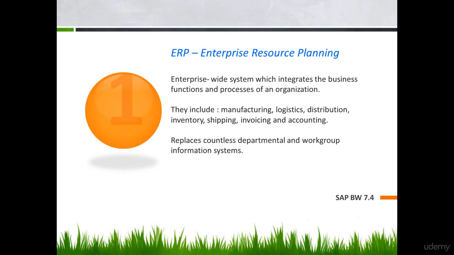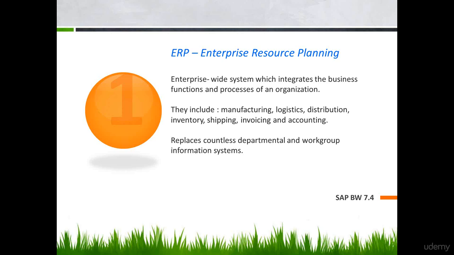What is an ERP? Most of you who are in the software industry, or maybe working in some other industry, might have heard this word ERP, which is Enterprise Resource Planning. It's a system which integrates multiple business functions and processes of an organization or an entity.